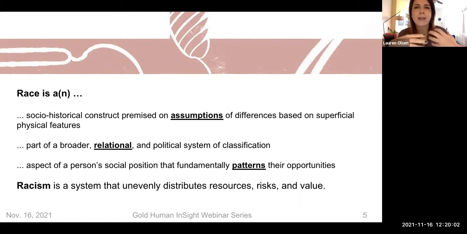What I mean by that is that different iterations from the 18th century to the present, of trying to conceptualize race as biological, as genetic, have been part of these broader racial and racist projects to maintain white people at the top of this racial hierarchy.